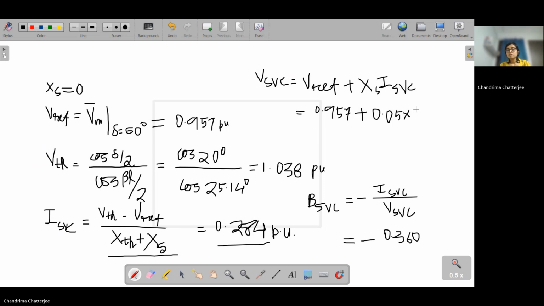ISVC we just calculated 0.284, right? So now the new value of VSVC is 0.971.